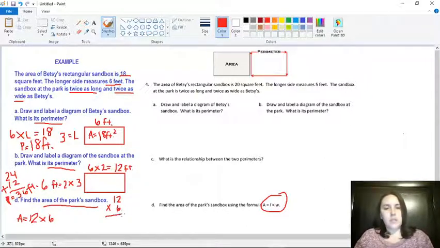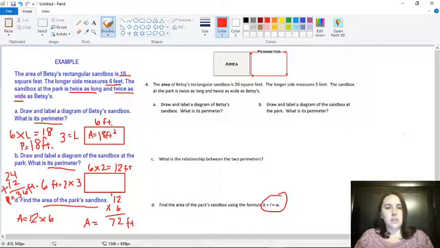So we'll do 12 times 6, and then you can line up your ones places. 2 times 6 is 12. I've made a 10, so I need to carry that over to the tens place. Then I'm going to do 1 times 6, which is 6, and add that extra 10, so it becomes 7 tens. So 72 square feet is my area.